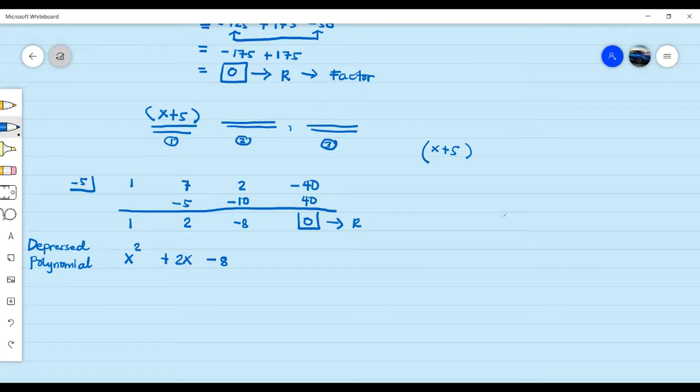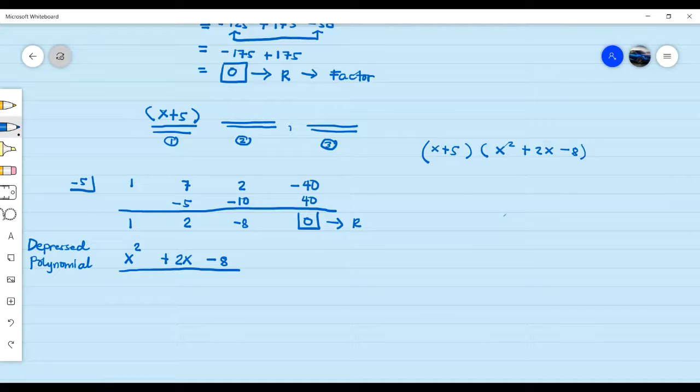And the second factor that we have is x squared plus 2x minus 8. But this depressed polynomial is still factorable.